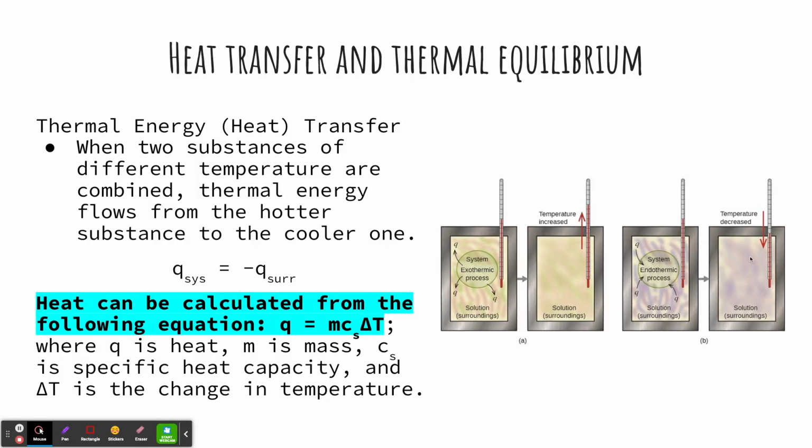So again, heat is going to travel from the hotter substance to the cooler one. So if the system is hotter than the surroundings, the heat flows from the system to the surroundings, exothermic. Okay, that's what A is. Now, if the system is cooler than the surroundings, the heat is going to go from the surroundings and into the system. So that's what's happening in B.